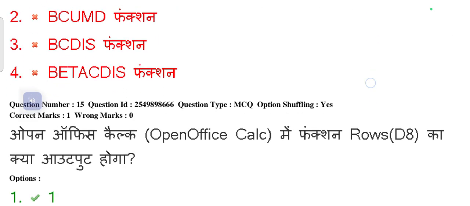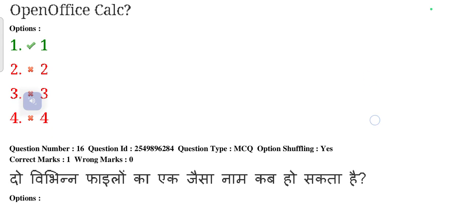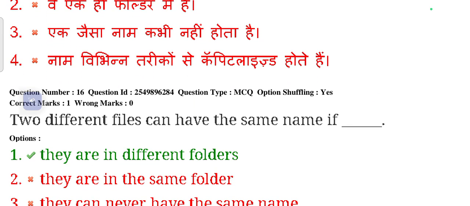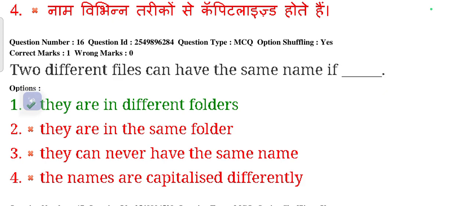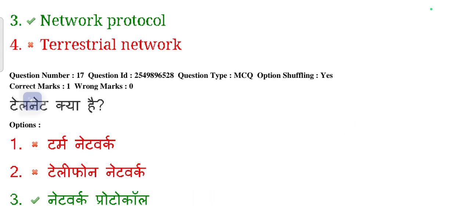Beta.dist function. What will be the output for the function rows D8 in an open office calculator? 1. Two different files can have the same name if they are in different folders. Telnet is a network protocol.